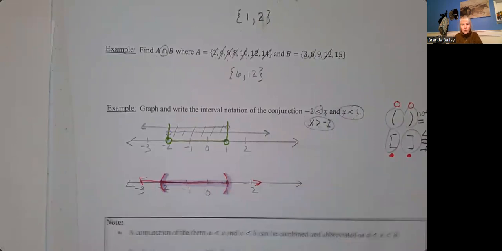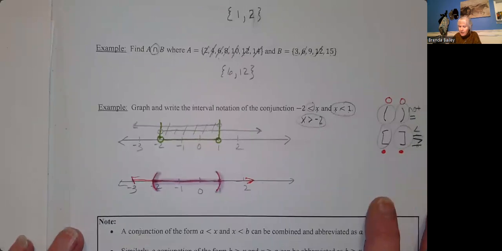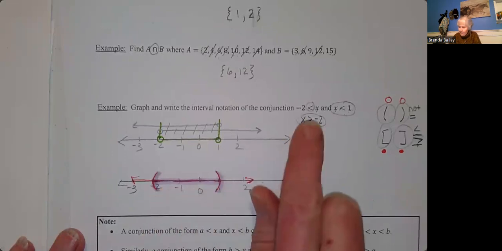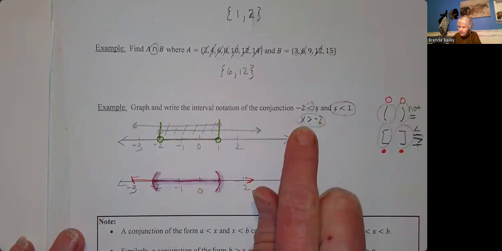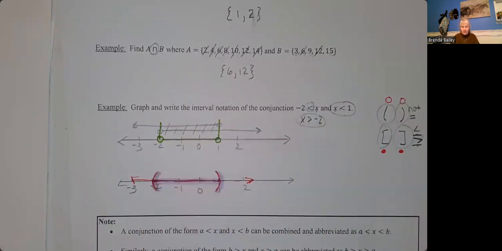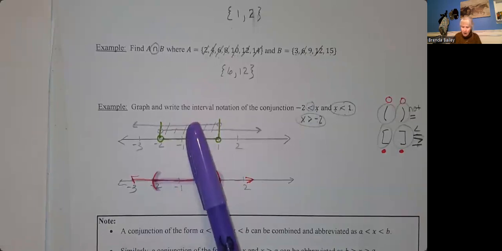Now, how do we write that in interval notation? This is what the graph will look like on Pearson. Numbers between -2 and 1. Greater than a -2, x's are greater than a -2, and x's are less than 1. Okay, that section there is what was in common.